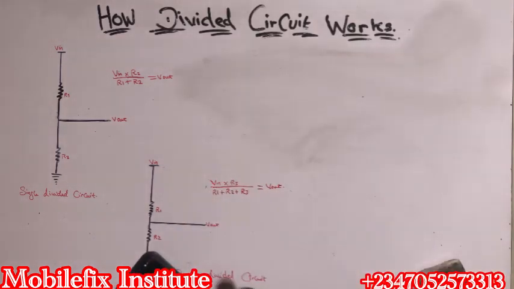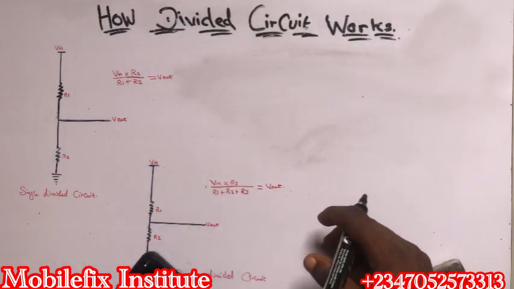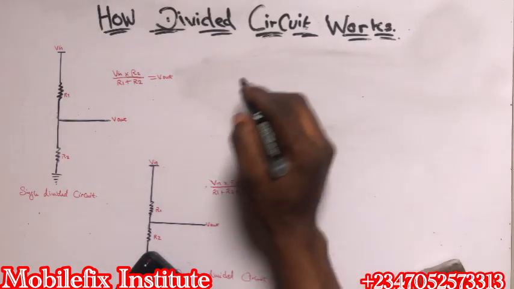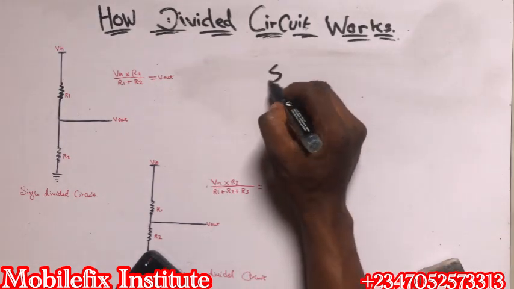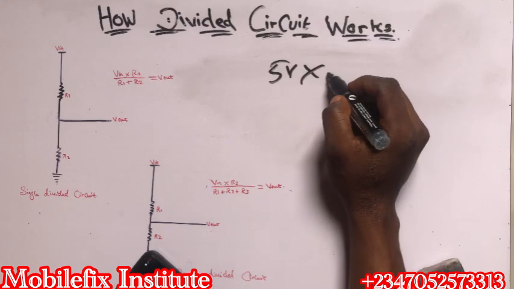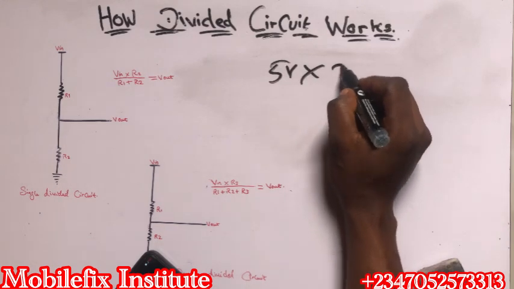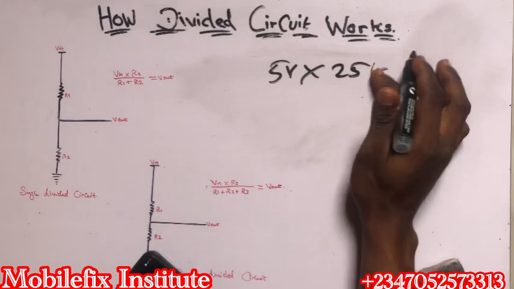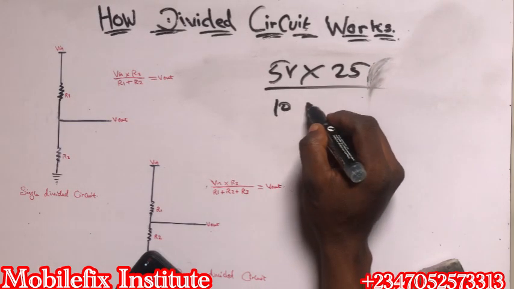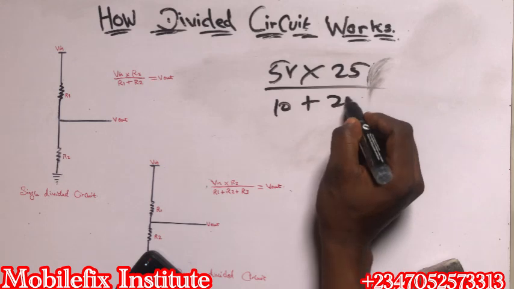Okay, so now let's take another value. For example, we have our input voltage of 5 volts, times, let's say, R2 of 25k, divided by R1, let's put 10k, plus 25.